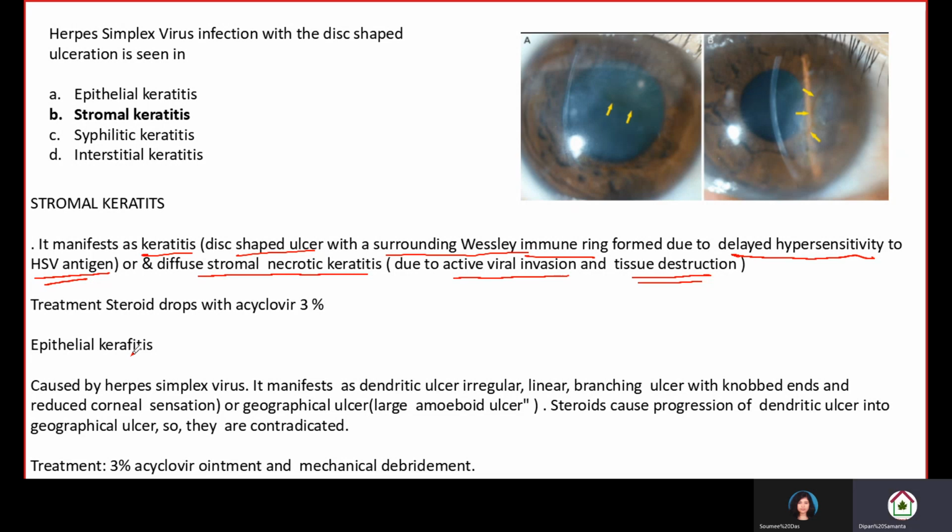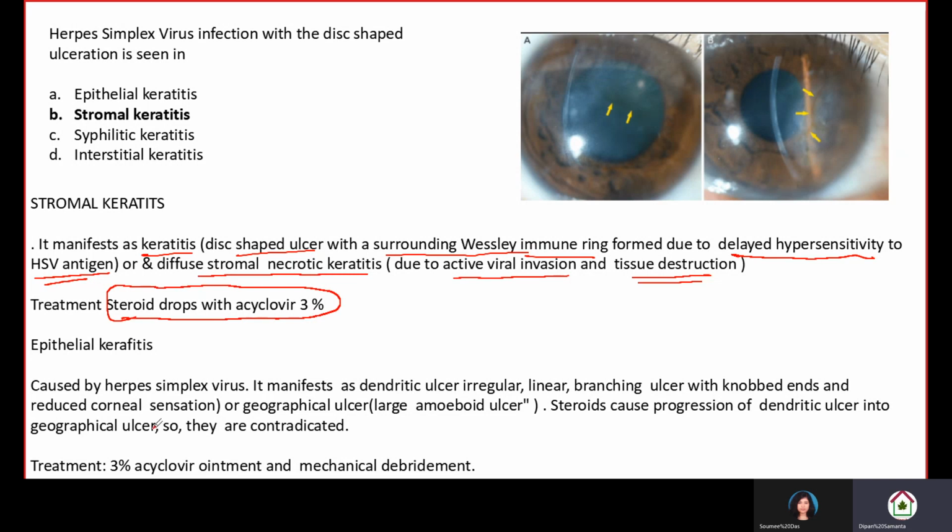To herpes simplex virus antigen. And the treatment is steroid drops with acyclovir 3%.